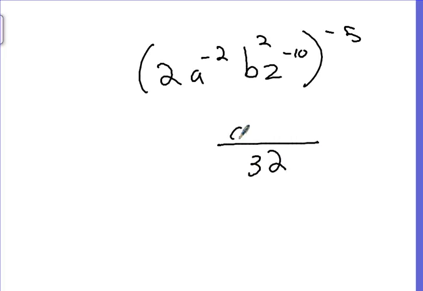So I'm going to write the 32 down here. This is a to the 10th, because negative 2 times negative 5 is 10. B to the negative 10th. Z to the 50th power. And it's done. Is that too hard? No?